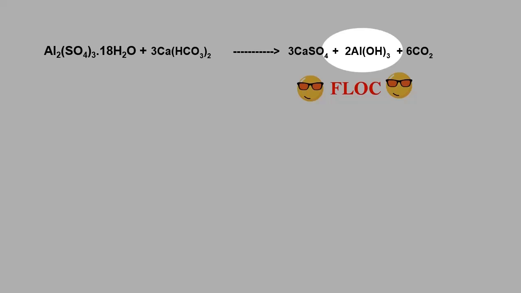Then after getting this, this will be flocculated, this is a precipitation, and after that we will get 6 parts of carbon dioxide. Now again go to the second module, chemical properties, dissolved gases, CO2. When CO2 is there in the water, there will be corrosion in the pipes.